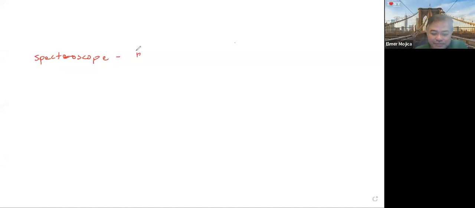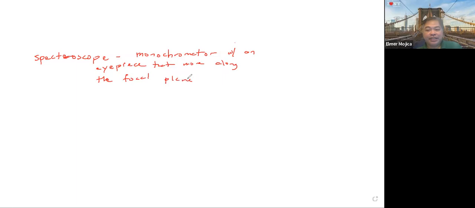Usually you have a monochromator with an eyepiece that move along the focal plane, the focal point. And if you're going to look at the spectroscope, the angle between the incident and the dispersed beam is a function of wavelength.